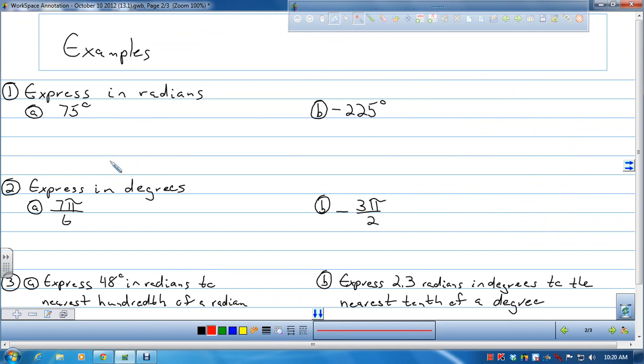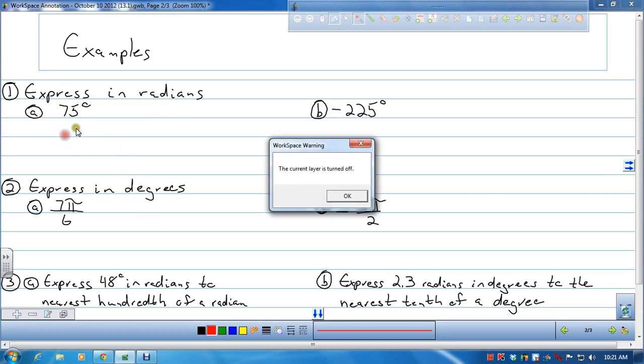A lot of times the ideas that we went through there on page 1 are more complicated to folks than the actual problems that we will work using this stuff. So anyway, follow along closely, and I'll have you pause and maybe work on some of these once we do an example or two. So here we want to express these in radians. You'll notice we have 75 degrees.